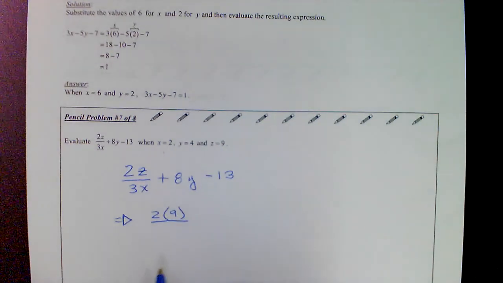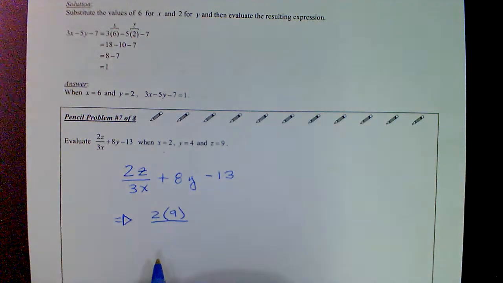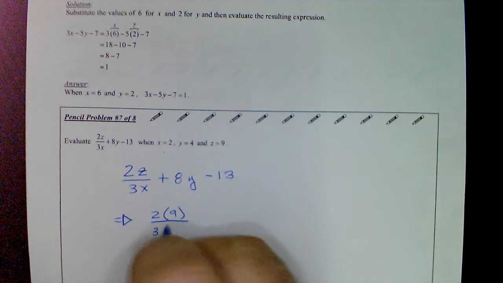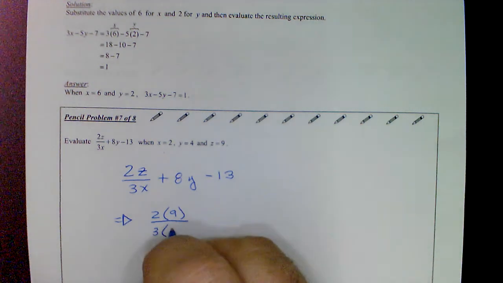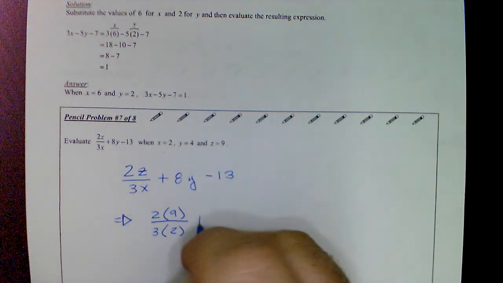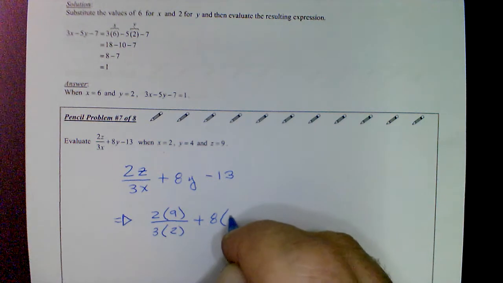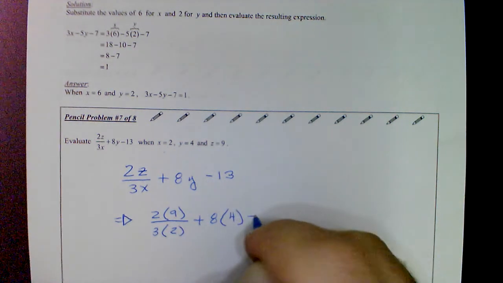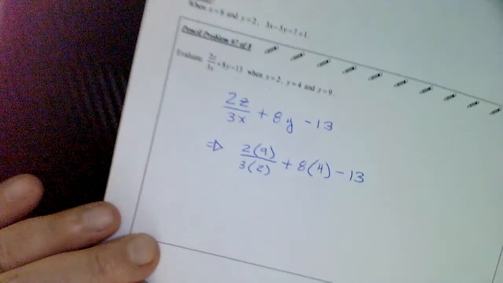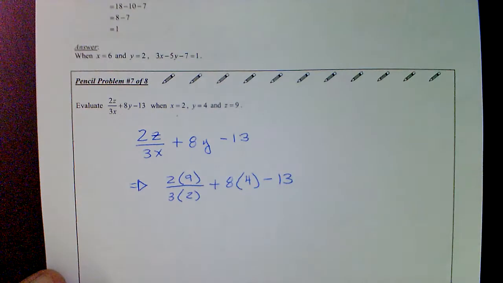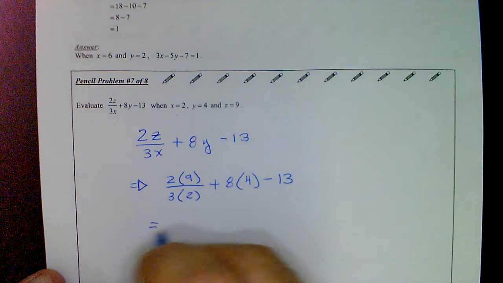So 2 in parentheses, the value of z, which is 9, over 3 in parentheses, the value of x, which is 2, plus 8 in parentheses, the value of y, which is 4, and then don't forget to tag along the minus 13. And then from there, it's just order of operations.